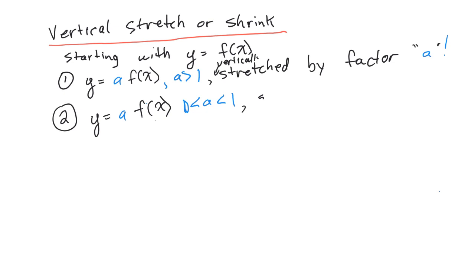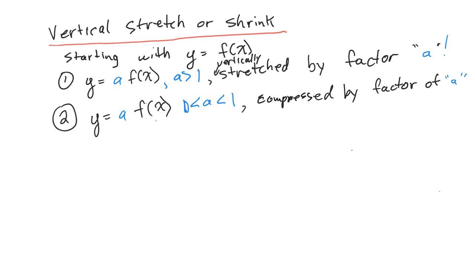It's vertically stretched by a factor of a for the first one and vertically compressed if you have a number that's between 0 and 1. It's compressed by a factor of still a. So if a was 0.5, you would say it's compressed by a factor of a.